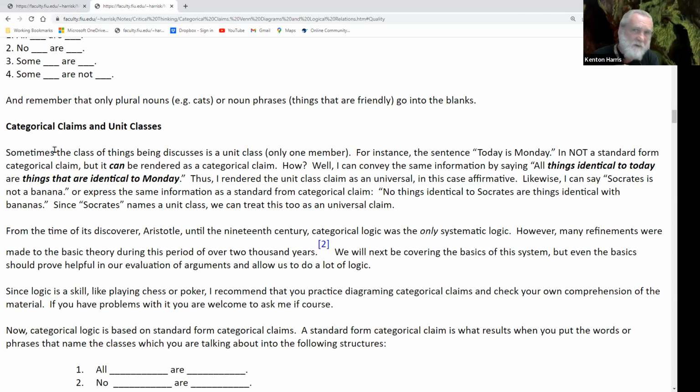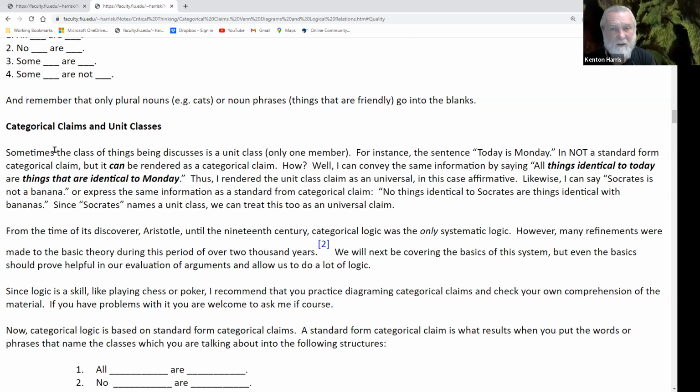Well, categorical claims concerning unit classes are considered to be universals because there's only one. So you're talking about each and every member of the set. There only happens to be one member of the set, but you're talking about each and every member of the set. So we would render something like Socrates is a man as all things identical with Socrates are things identical with men.